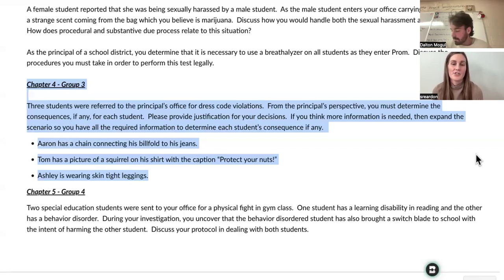Okay, next one. Ashley is wearing skin tight leggings, and I jotted down this one's tricky because most female students wear skin tight leggings to school as they've become a highly popular fashion choice among them. I teach eighth grade, and almost every single girl wears Lululemon pants or Athleta pants of some sort.